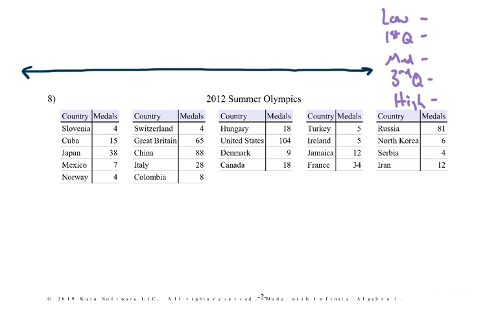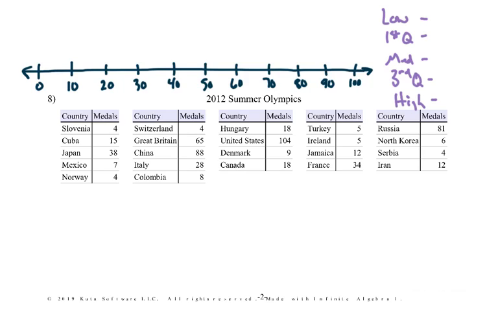Now it looks like our lowest number was 4, and we go clear up to 104. So these are going to be some big numbers. So I had 0, 10, 20, 30, 40, 50, 60, 70, 80, 90, and 100.